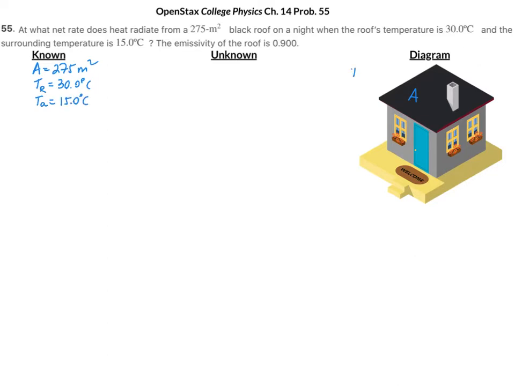So we have T air and T roof. We also know that the emissivity of the roof is 0.900, and we're looking for the net rate at which heat radiates, so we want Q over t net.